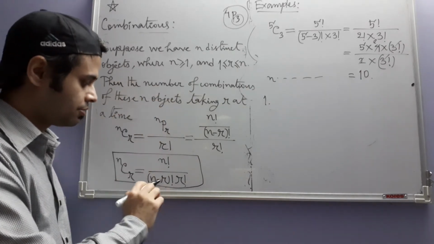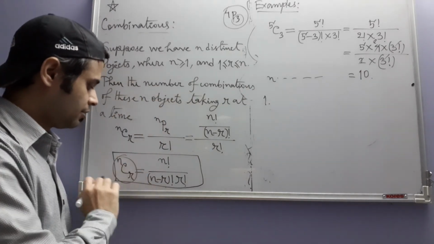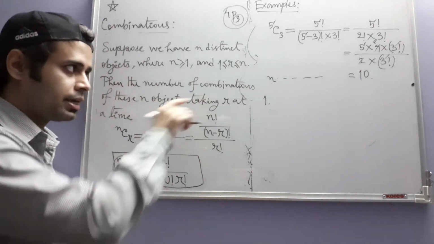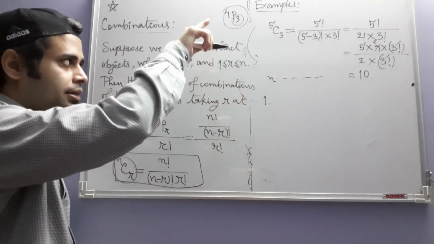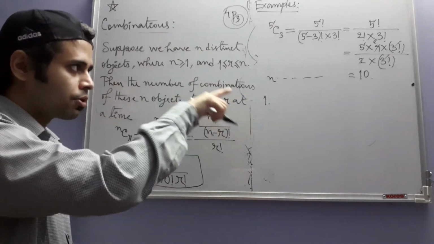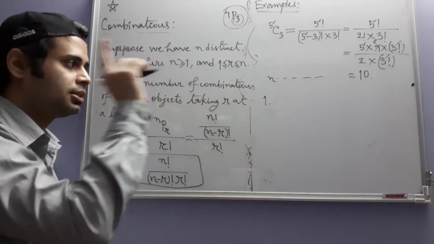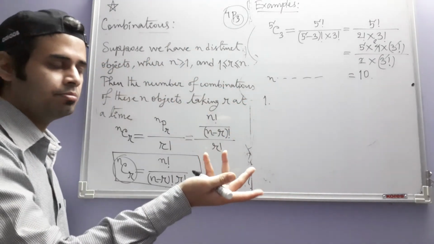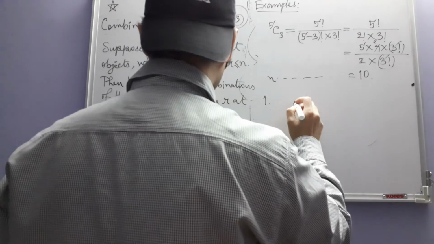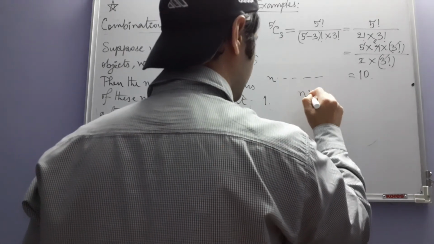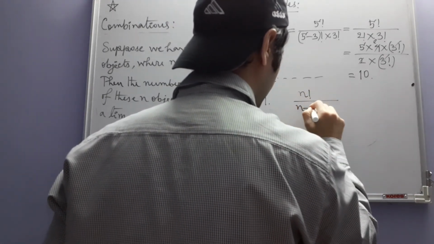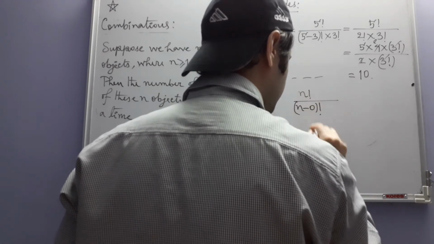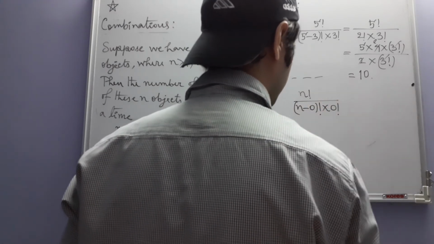If r is equal to 0, the left hand side, from common sense, I can say is 1, because I can choose no objects from out of n objects in only one way, namely not choosing them. What is the right hand side? n factorial divided by (n minus 0) factorial times 0 factorial.